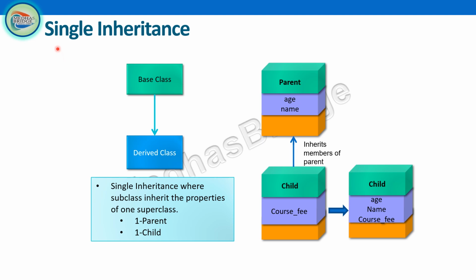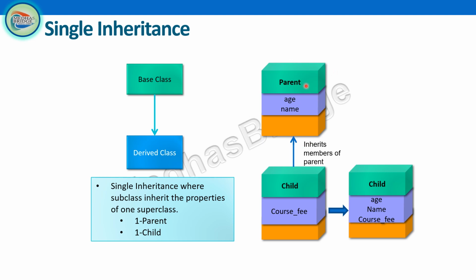If you look at single inheritance, we have a base class and a derived class, right? In single inheritance, the subclass inherits the properties from the superclass: one parent, one child. Let's take a closer look at this diagram.